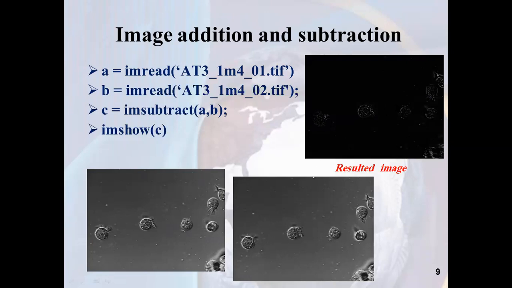These small particles are moving, and we can see here and here the motion of these particles. Where we have black color, it means we don't have any motion. Here we have a light motion of these particles, and we can detect by image subtraction the difference in the scene between the different images.